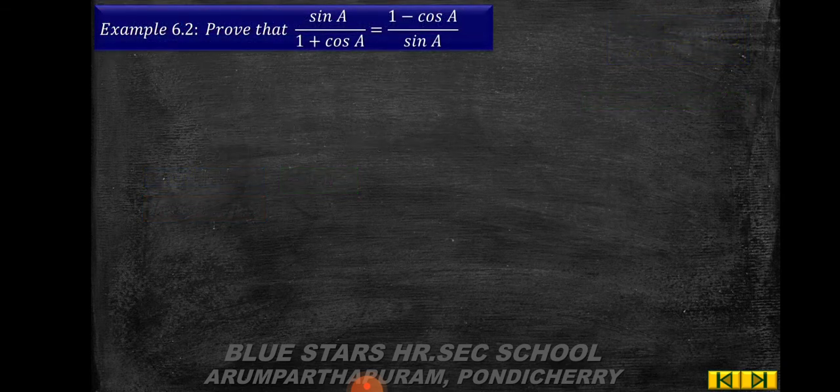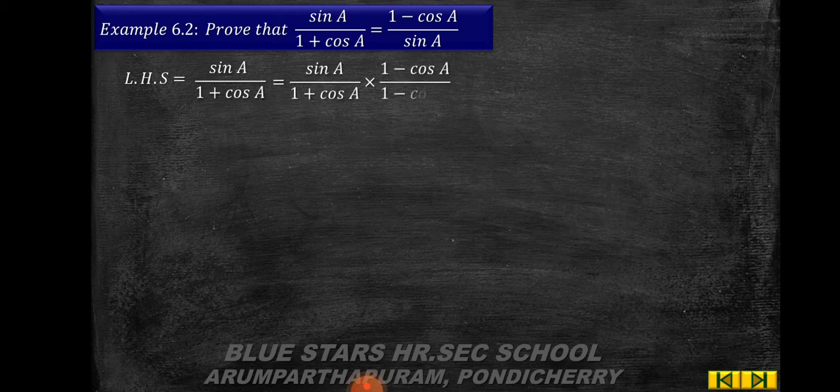Next one is example 6.2. Prove that sin A by 1 plus cos A is equal to 1 minus cos A by sin A. As it is, you have to take the left hand side, sin A by 1 plus cos A, which is equal to sin A by 1 plus cos A into 1 minus cos A divided by 1 minus cos A. So 1 minus cos A is nothing but the conjugate of 1 plus cos A. The next step is you have to multiply it.